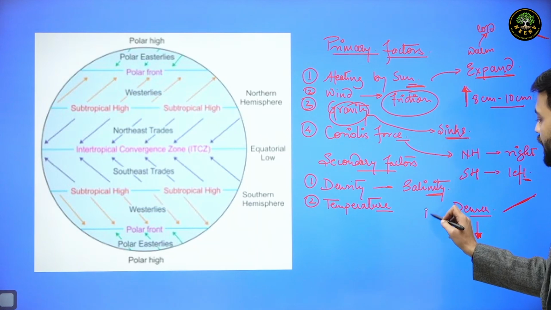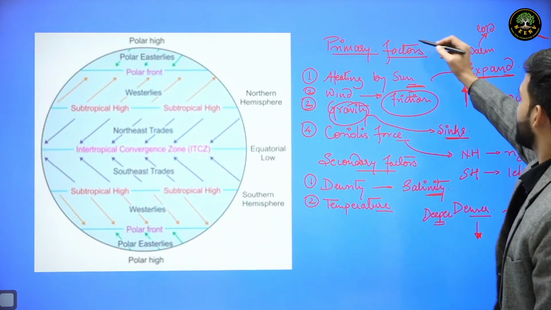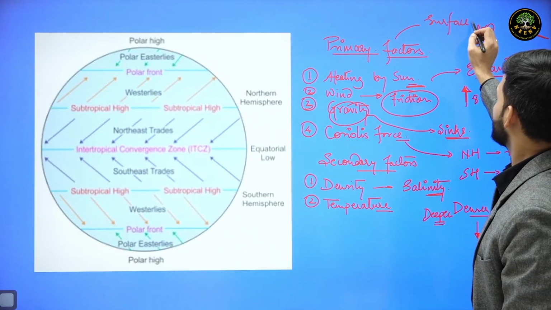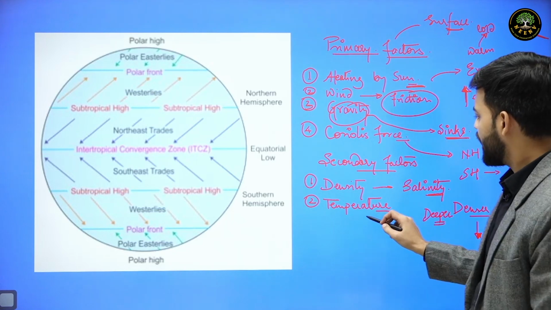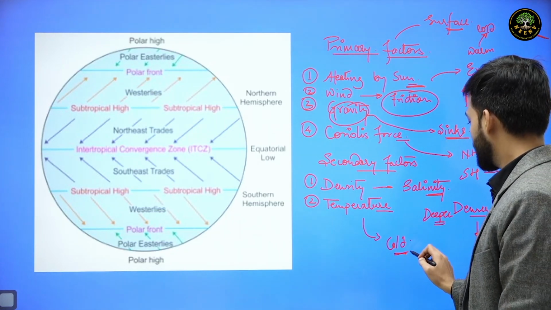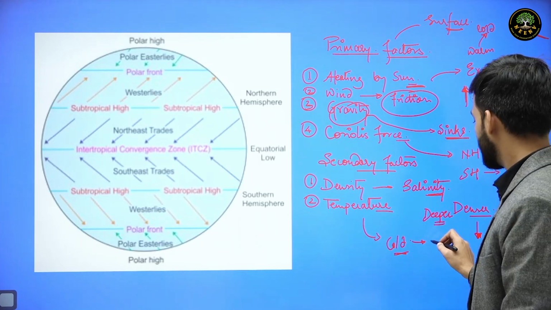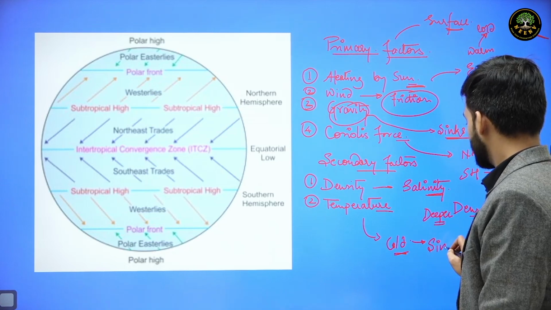This usually happens in deeper water as compared to surface water. These are the primary factors that affect surface ocean currents more as compared to deeper ocean currents. Temperature also matters: because of low temperature, cold water becomes denser, and this cold water has a tendency to sink.